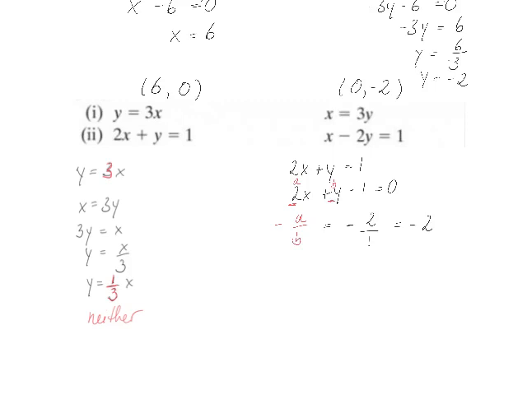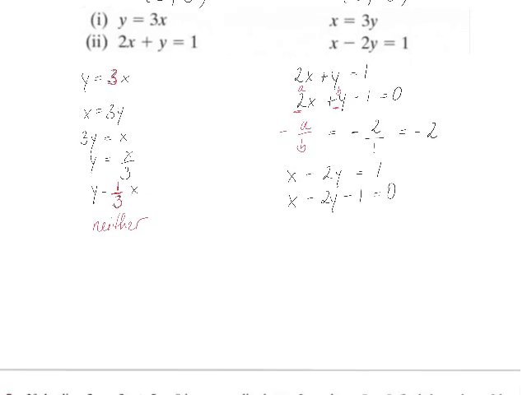The second one, x minus 2y equals 1. Again, I rearrange it. x minus 2y minus 1 equals 0. And now my A is here, and this is my B. And then I calculate minus A over B. And this gives me minus 1 over minus 2.